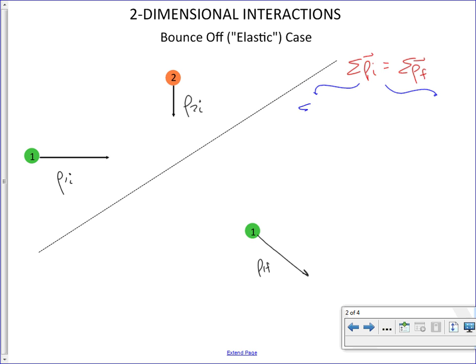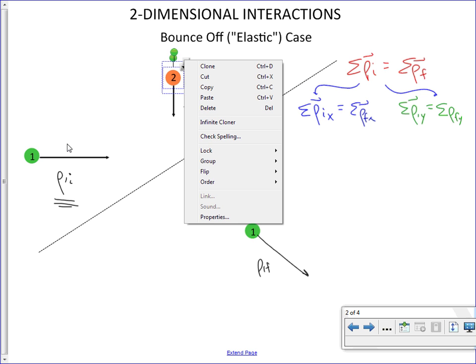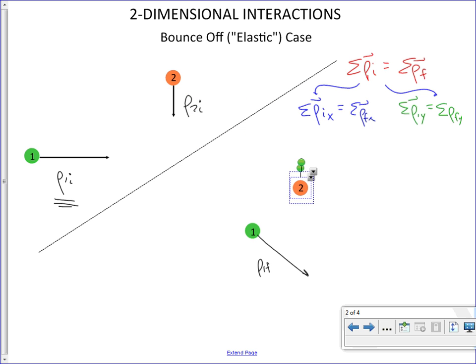We can say that the net initial momentum in the horizontal direction is equal to the net final in the horizontal, and that the net initial in the y direction is the same as the net final in the y direction. So we can look at components of momentum, because in the beginning, look, the system has this much momentum horizontally. And so it better have that same exact amount horizontally later.